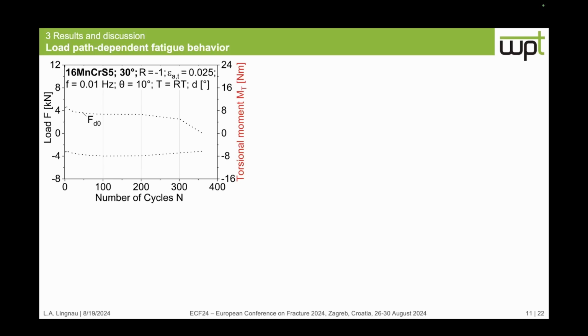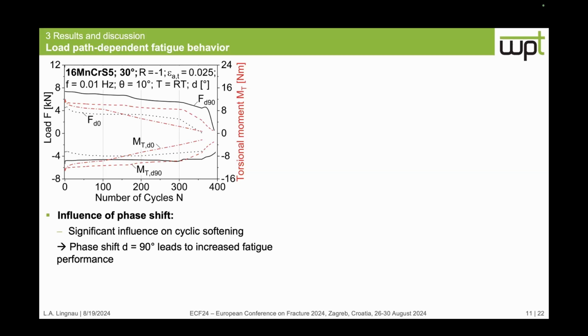We look at the resulting force after the strain controlled fatigue test, and we can see that for a shoulder opening of 90 degrees, the response of the load is much higher. When we look at the torsional responses, like the torsional moment, we can see that in all cases, we have cyclic softening, which is typical because we have a cold-formed component.